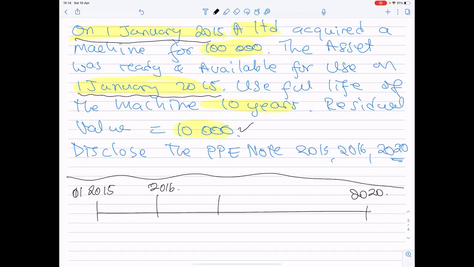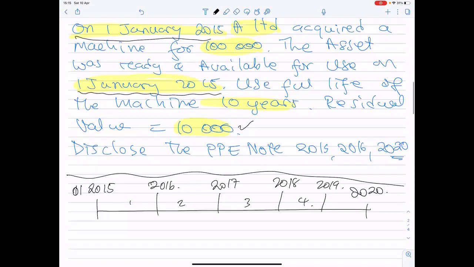So we have 2016, 2017, 2018, 2019. So the asset has been there for 1, 2, 3, 4 years. So we have to calculate the accumulated depreciation until the end of the year, 31 December 2019. Why? Because we know that the opening balance for the year 2020 is the closing balance for the year 2019.